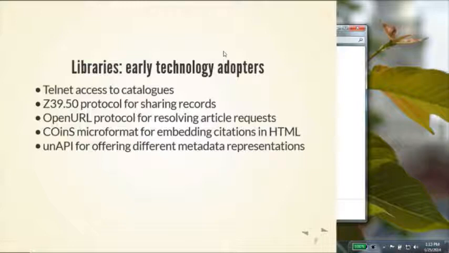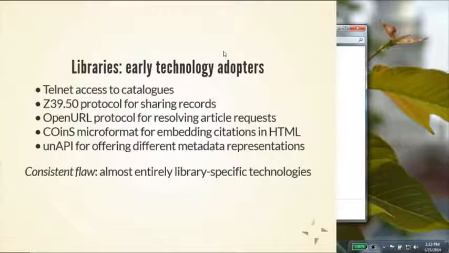We had OpenURL and COinS and UnAPI, different ways to provide access to resources, to provide structured, different representations of metadata for things like citations, things like Zotero and Mendeley could take advantage of that. But these are almost entirely library-specific technologies.